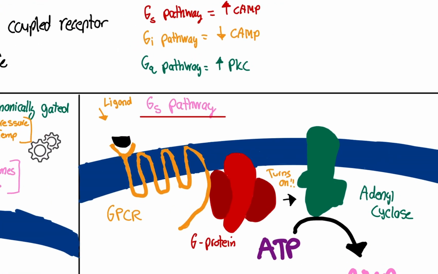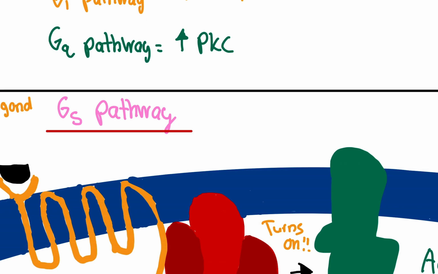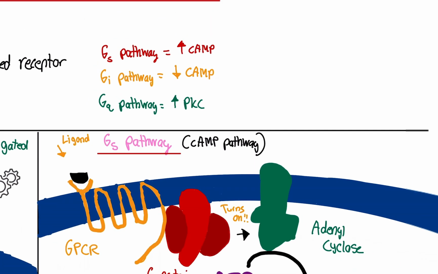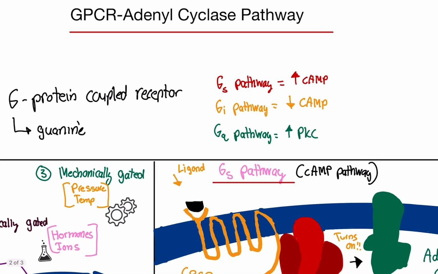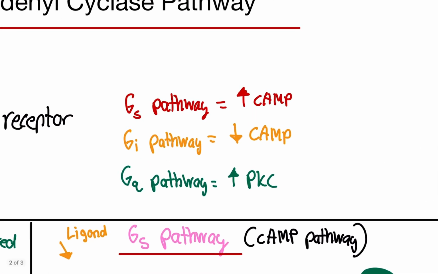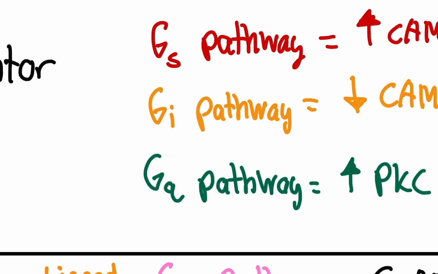So the Gs pathway, we also call it the cAMP pathway because it involves cAMP. We activate cAMP. A little overview of the other pathways: the Gs pathway, which we just went over, increases cAMP levels. The Gi pathway, which I'm going to do tomorrow, inhibits cAMP. So think about the I in the Gi pathway as inhibit.